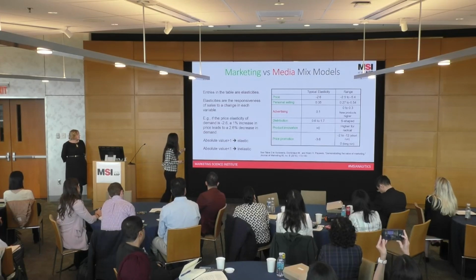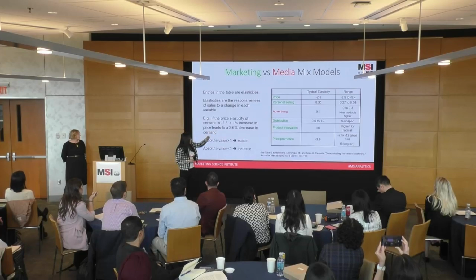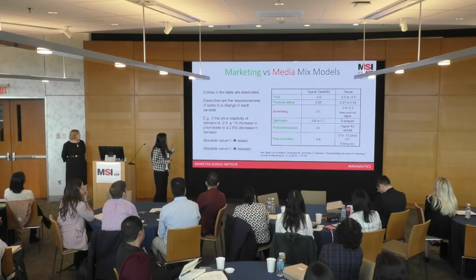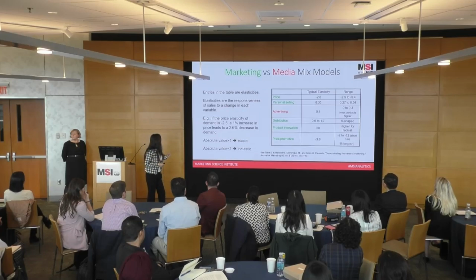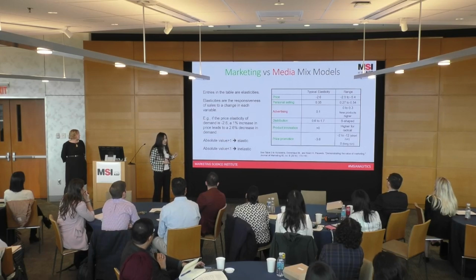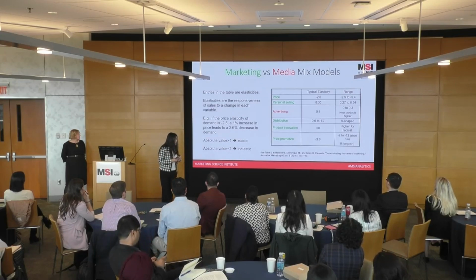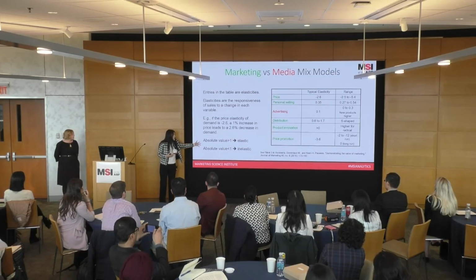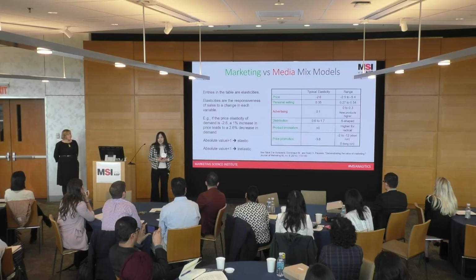Take the first one as an example: if the price elasticity of demand is negative 2.6, it means a 1% increase in price leads to a 2.6% decrease in demand or sales. We consider elasticities either elastic or inelastic. When the absolute value is greater than 1, we say it's elastic, and when it is less than 1, we consider it inelastic.